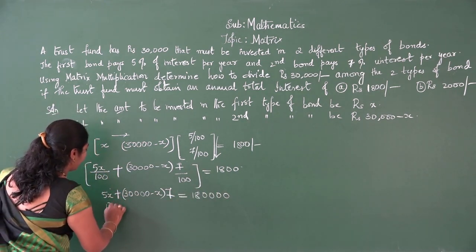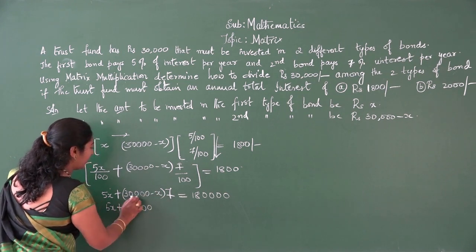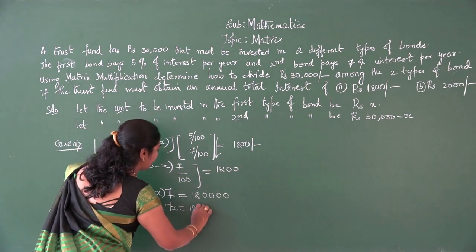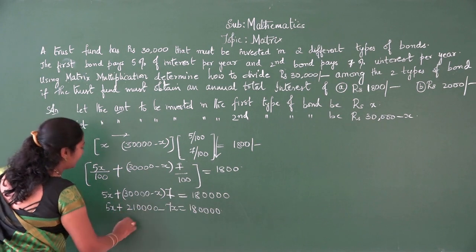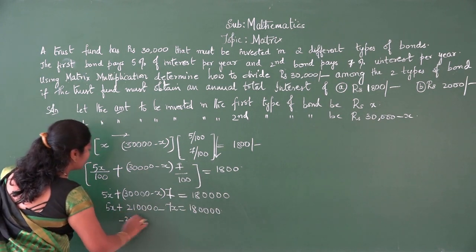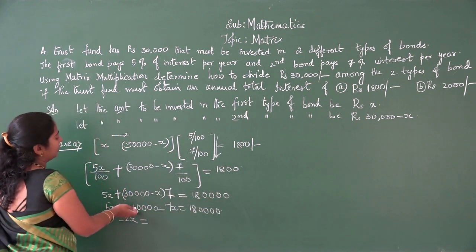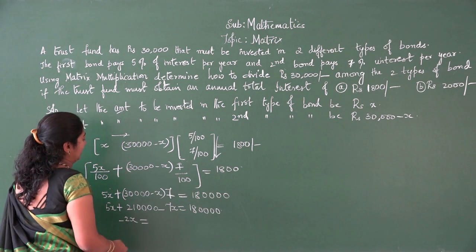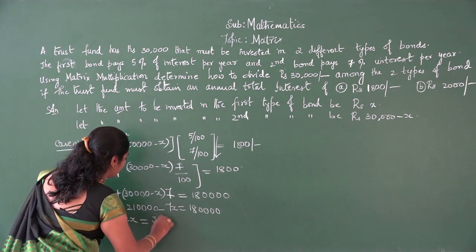So, this is 5x plus 7 3s are 21 followed by 4 zeros minus 7x, which is equal to the RHS amount. So, 5x minus 7x will be minus 2x. When you take 21 followed by 4 zeros to the RHS, we have 18 minus 21. So, 18 minus 21 will be 30,000.